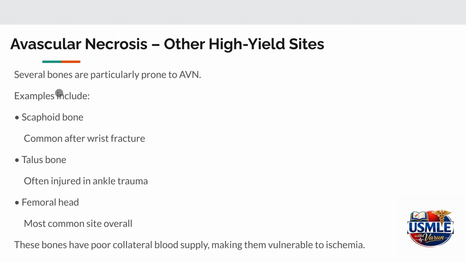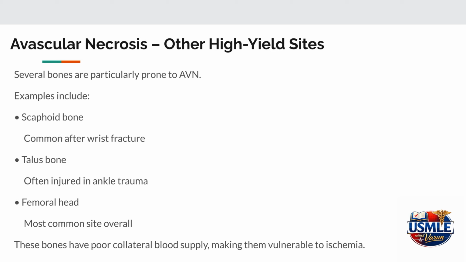Besides the femoral head, there are several other bones that are particularly vulnerable to avascular necrosis. The scaphoid bone in the wrist is one of those examples. After a scaphoid fracture, the proximal fragment may lose its blood supply, and this fracture is extremely common after wrist injury, like a fall on the flexor surface of the hand.